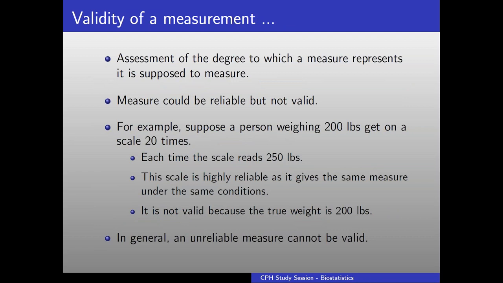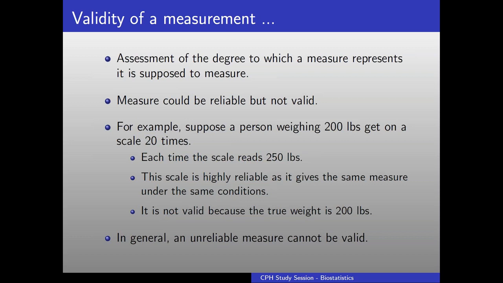Okay, so let's go back to that bathroom scale example that I mentioned earlier. Suppose someone weighs 200 pounds. This is their true weight. And this person gets on a scale 20 times. Each time the scale reads 250 pounds. Without any deviation, it reads 250 pounds every single time.